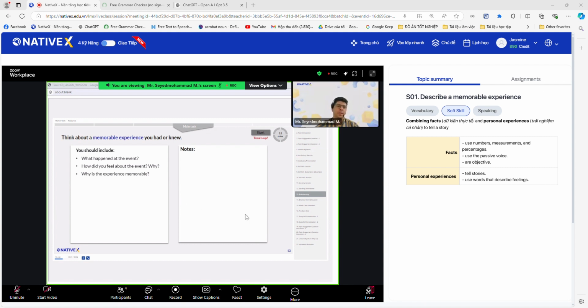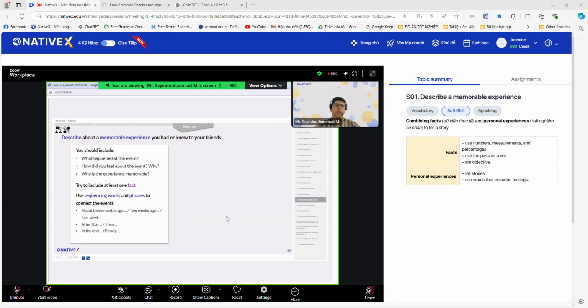Okay, guys, time is up. Now, let's share your story with your friend in here, okay? You can try to include at least one fact, okay? And use sequencing words and phrases to connect the events, okay? You can start whenever you are ready. You can use these expressions too.